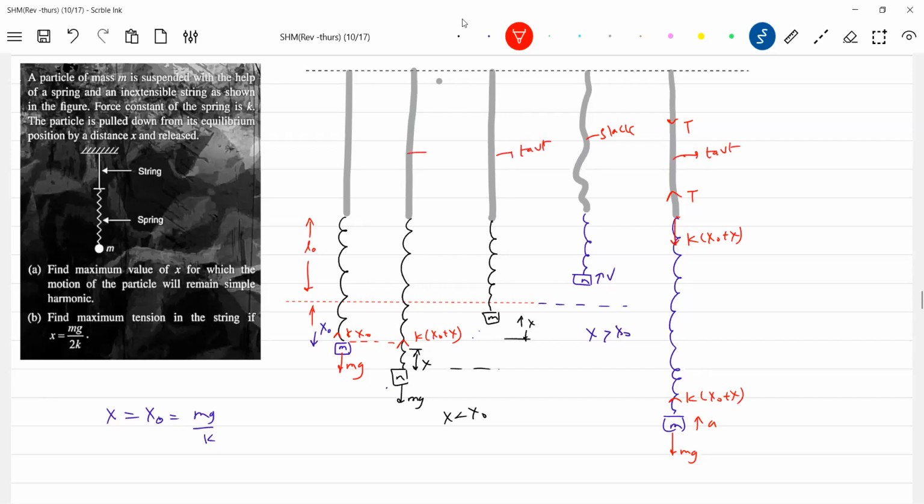Okay, agree with this. So now we'll calculate that one. Ma equals k(x naught plus x) minus mg. We know kx naught equals mg, and kx is equal to mg by 2.